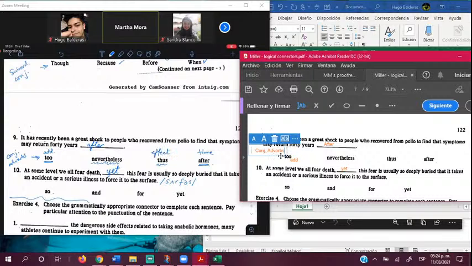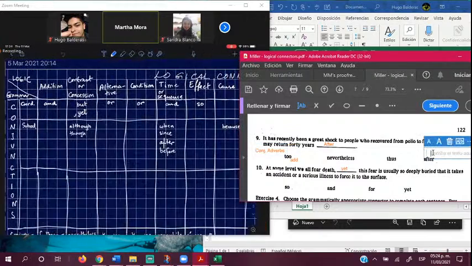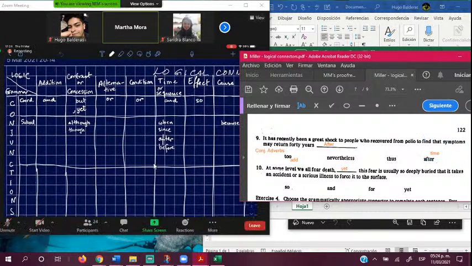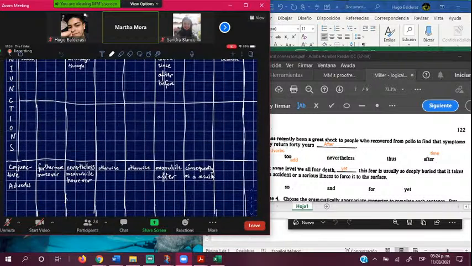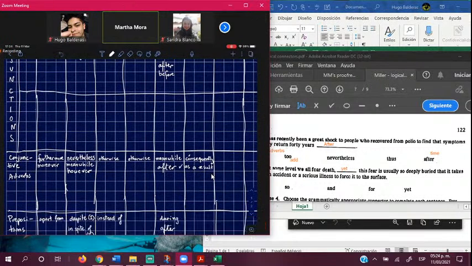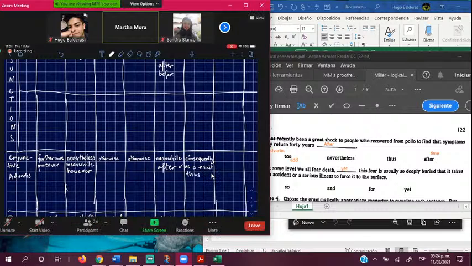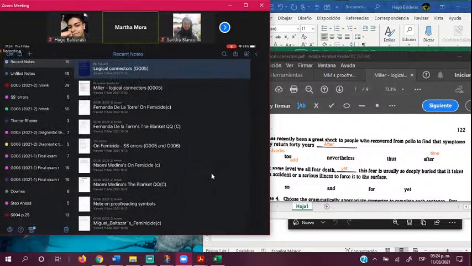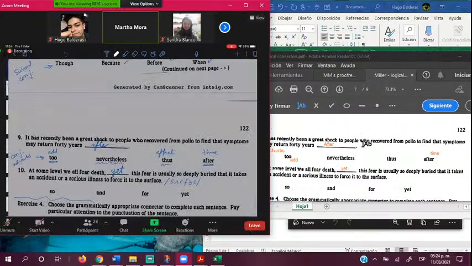So we have to classify to and those because I already included after. So we need conjunctive adverbs. I had already included after. So we need to include those and to. Nevertheless is already there. Okay? Clear? Well.